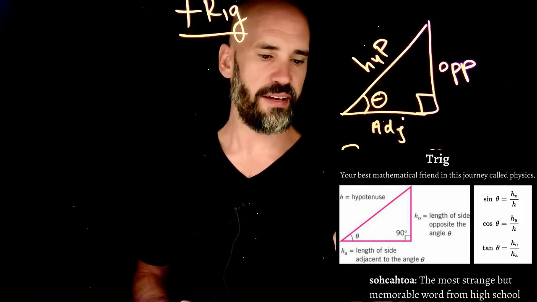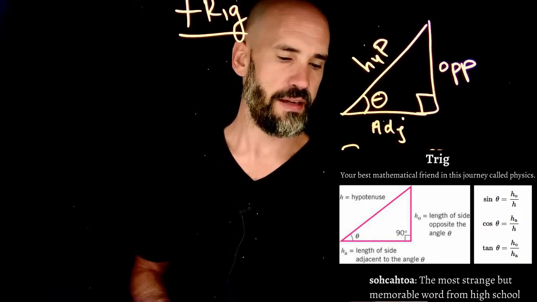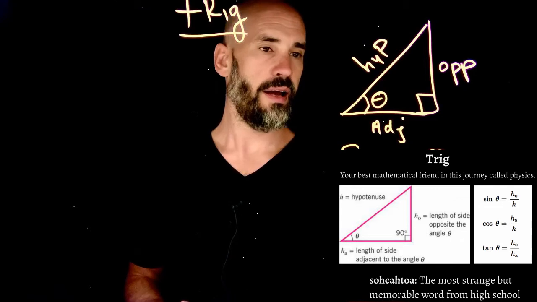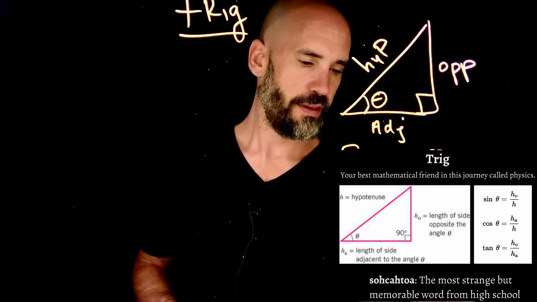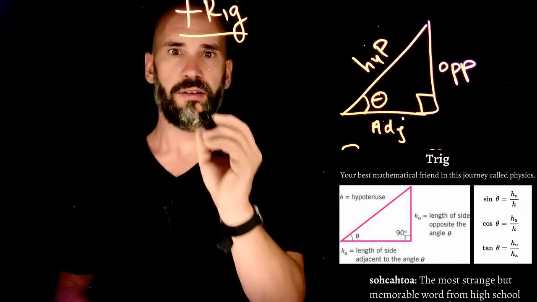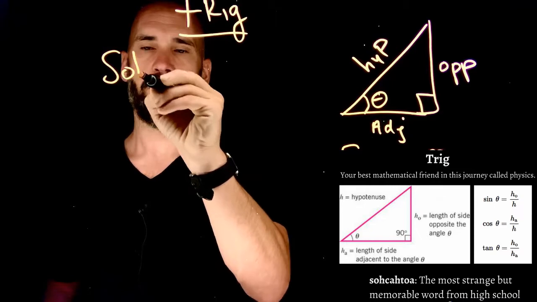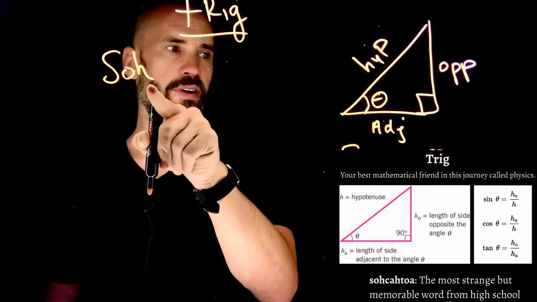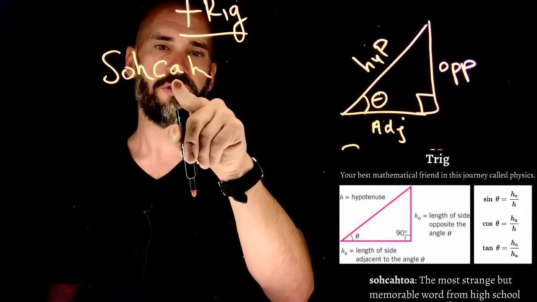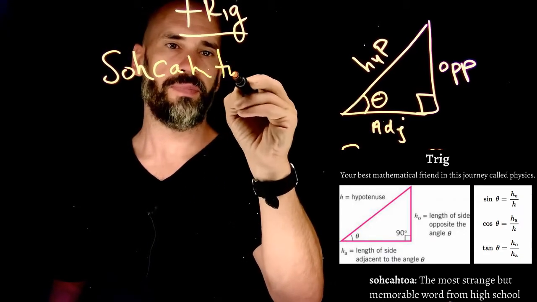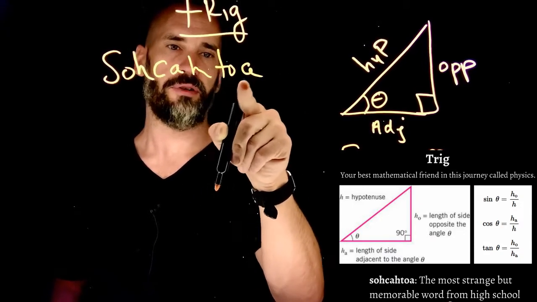And then the tangent of this angle is always equal to opposite over adjacent. And so that's where we get this famous thing called SOHCAHTOA. SOH: sine is opposite over hypotenuse. CAH: cosine is adjacent over hypotenuse. And then TOA: tangent is opposite over adjacent.